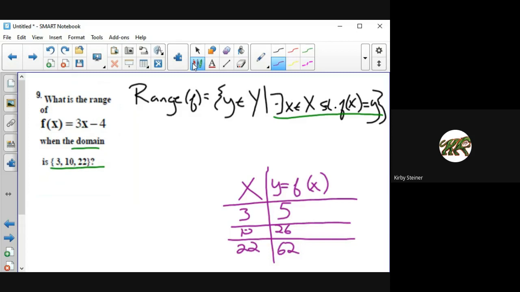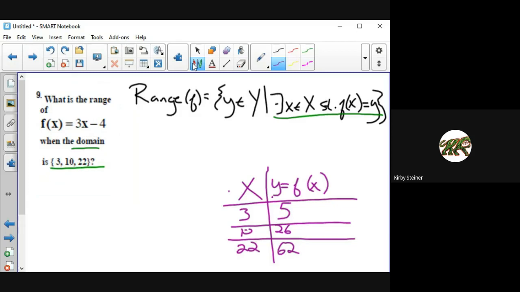All right, so now we see all these y's, the y's such that there exists an x where y equals f of x. Those y's are going to be 5, 26, and 62.